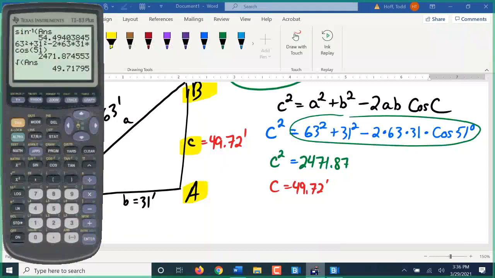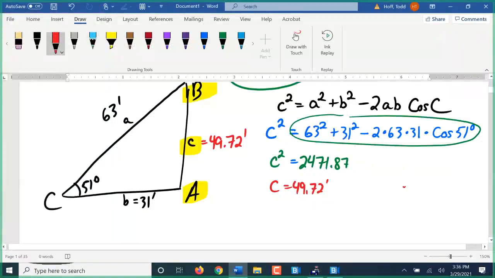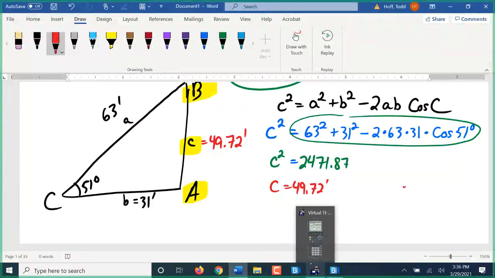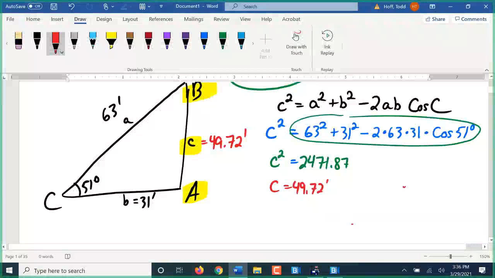You might have missed the 1.7179. Well, the first part of it, you get 4,930, and the second part of it, you get 2,458.1254474, and I subtracted those two. You were close enough. I'll give you that.